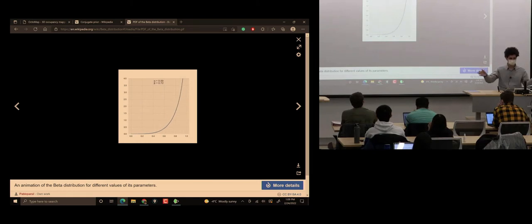It continuously distributes mass. Now, if it's halfway, that means both are equally possible, and that's where we don't know if it's occupied or not. All right. So when it's bell curved, you can imagine that's probably our prior when we start.